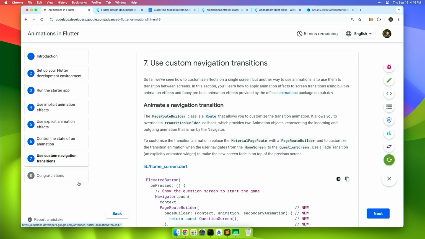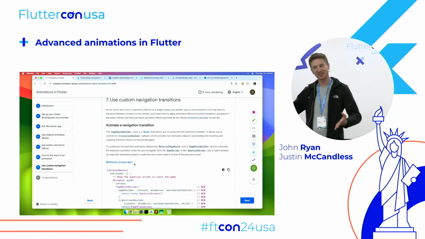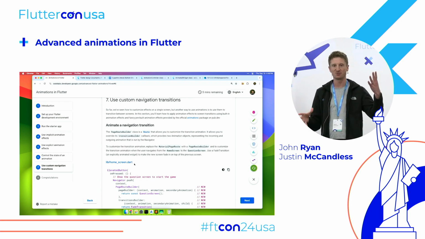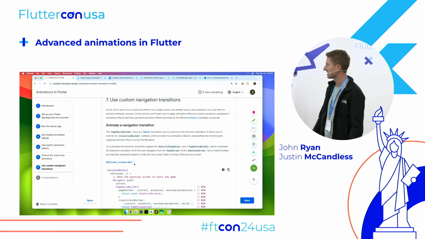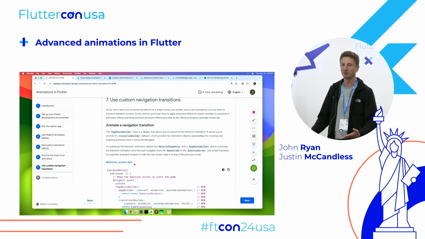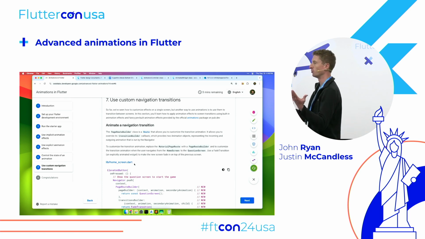Sure. Navigation transitions are basically under the hood, again, just an animation that wraps the entire page. In the various places where you can change them, you just have a builder and you're able to wrap the widget tree in some widgets that do an animation.